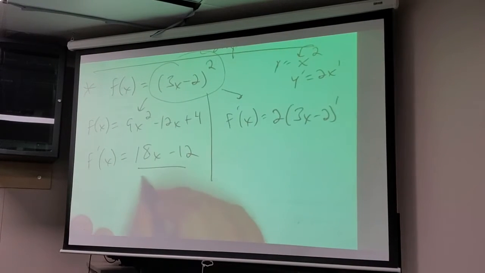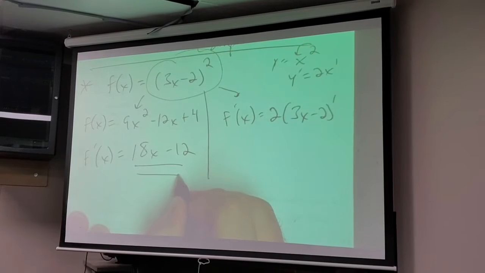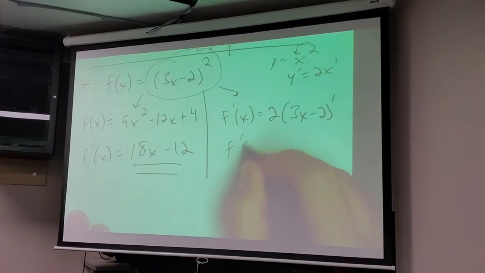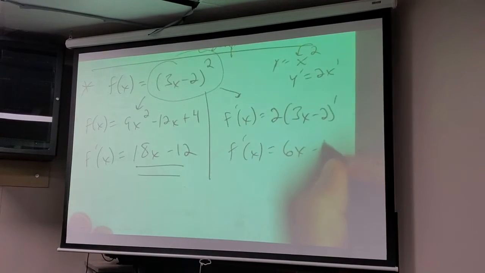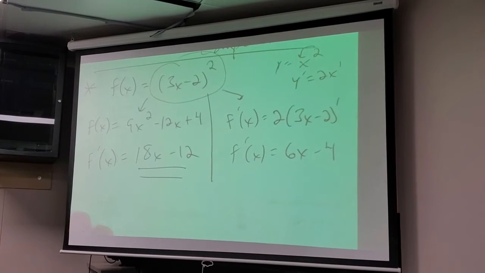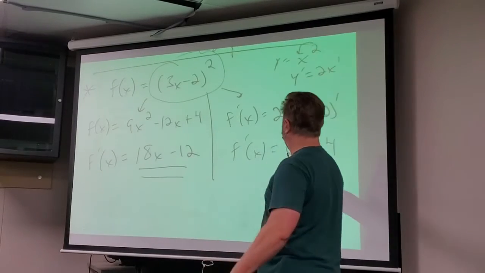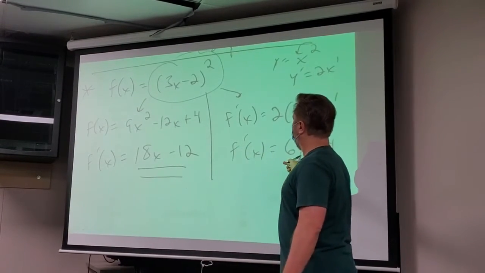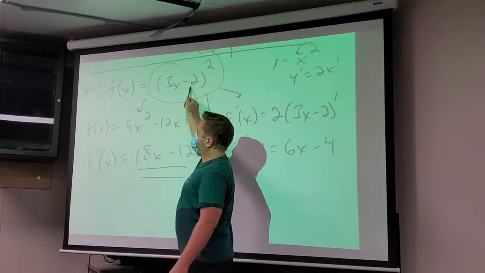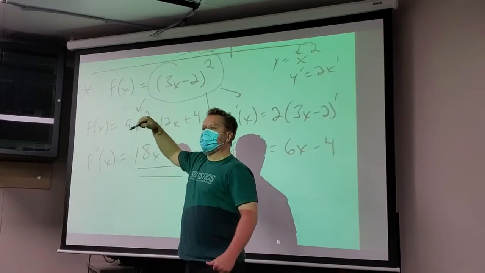We know this is the right answer. There's no question about it, correct? Do I get the right answer then? No, obviously not, right? Exactly what am I missing? A multiple of what would make this equal that? And of course, the derivative of the inside is 3.